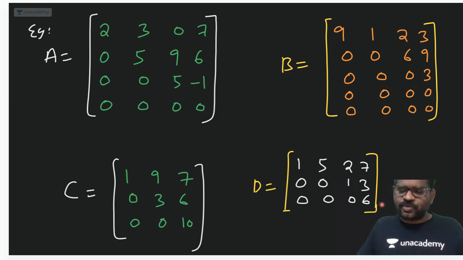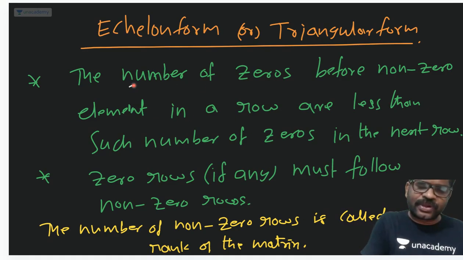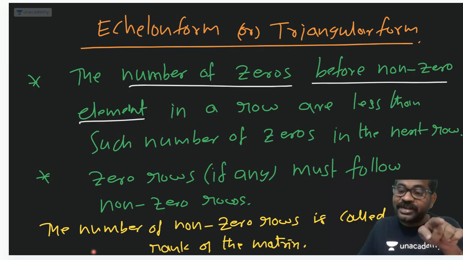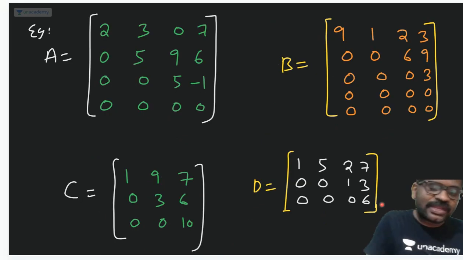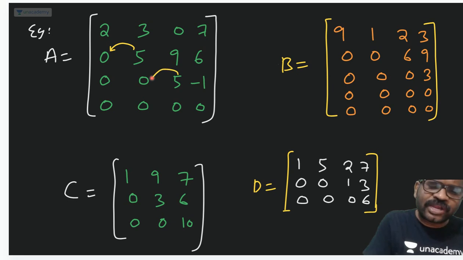Now, what is our first condition? The number of zeros, concentrate here, the number of zeros before non-zero element, means you have to count this type of zeros before non-zero element. One zero before non-zero element, two zeros before non-zero element.